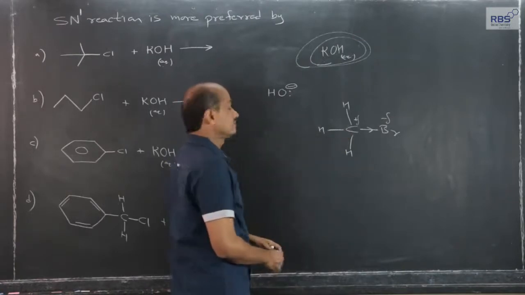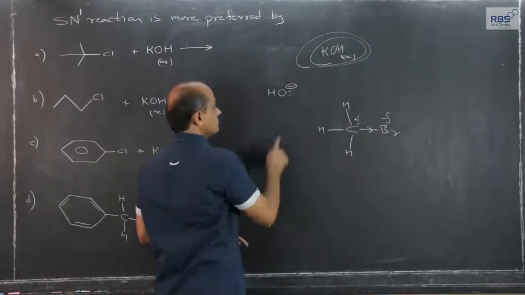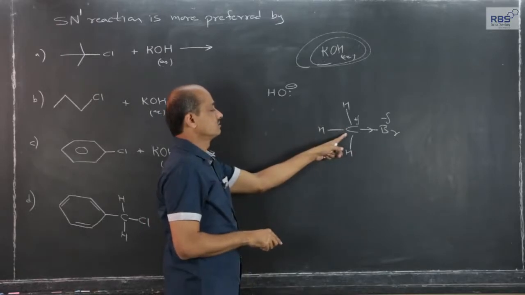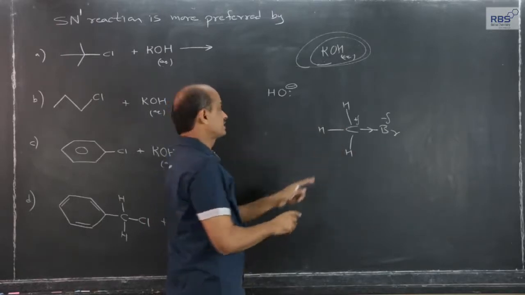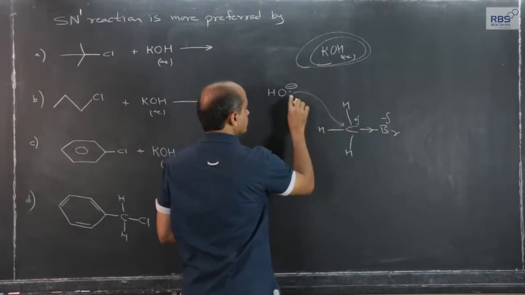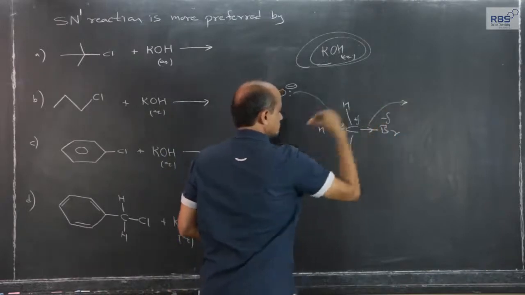To avoid the repulsion, this will not attack from the same side, but it will attack the carbon from the side opposite to which bromine is attached. It will attack from this side, and the moment this lone pair forms a bond pair, bromine goes out.